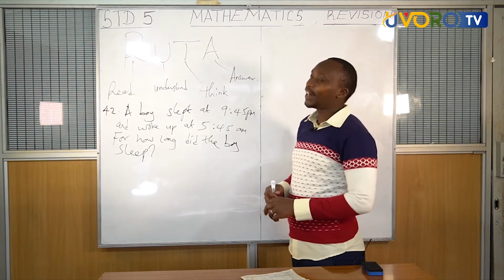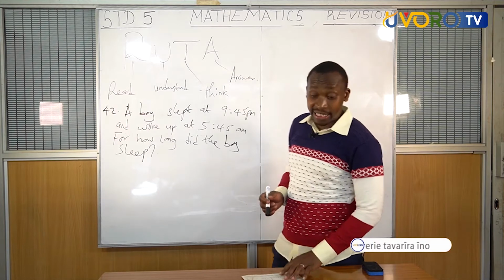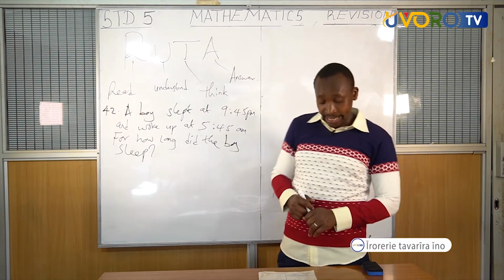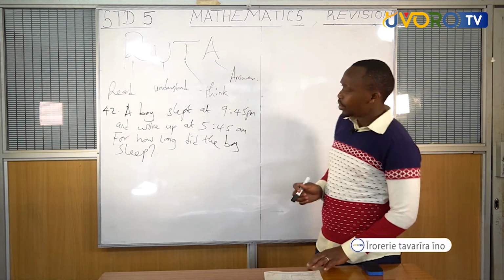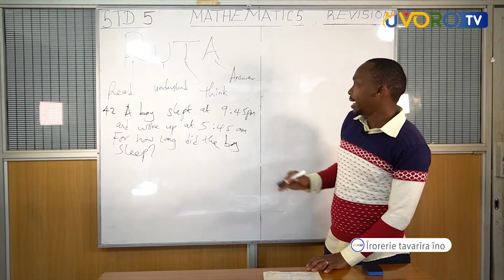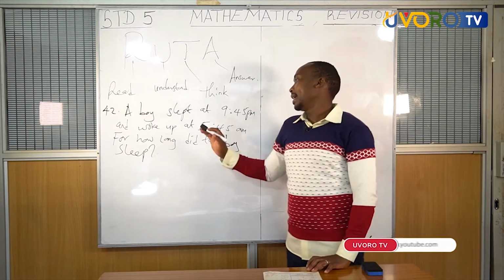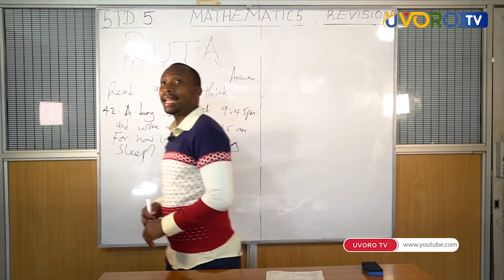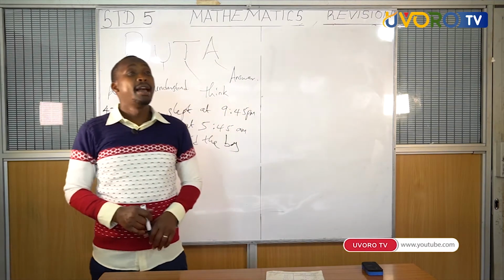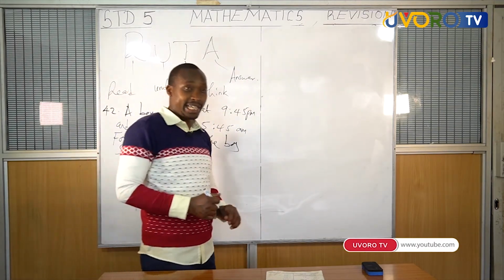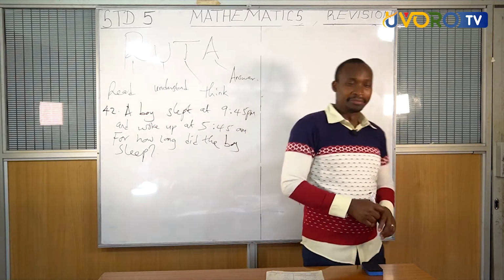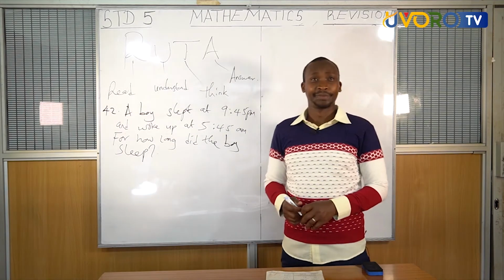Now, class 5s, this sum is very easy. It is the easiest mathematics. Now, you can just see, we have PM and AM. Who can tell us the difference between PM and AM?